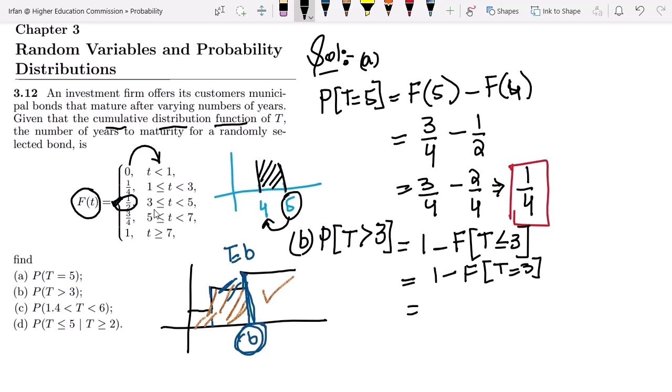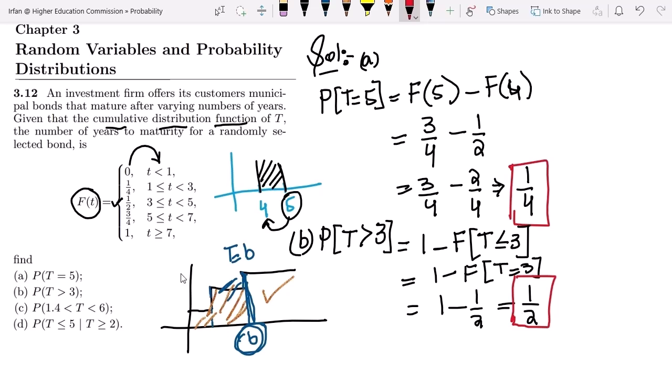This is the range I want, because I want to find the value of f of t where t is equal to 3. So let me write their values. It is 1 minus 1 by 2, which is ultimately 1 by 2. So this is part B.